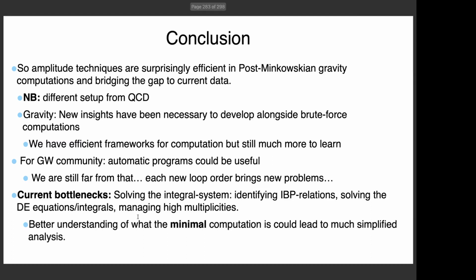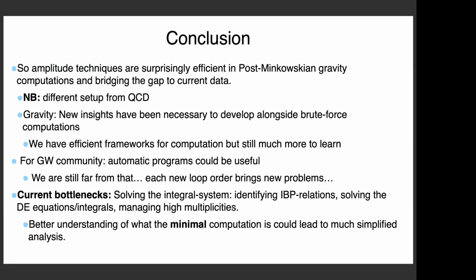And one of the current bottlenecks, if you're interested in getting involved, is actually related to the integral system. The fact that we convert these computations to high loop computations gives us a challenge in identifying the correct integral by parts relations, solving the differential equations for the integrals, and managing high multiplicities of these intermediate graviton legs.